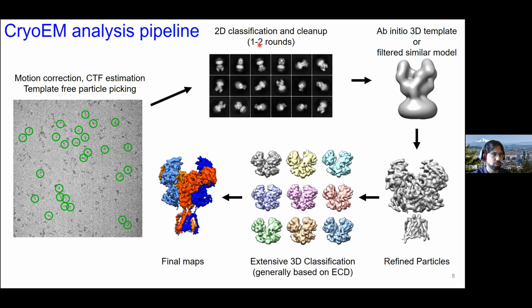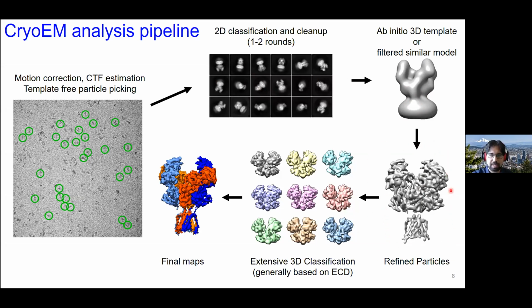I usually did 1 or 2 rounds of 2D classification. And then these particles are fed to an ab initio model generator, or a similar receptor structure is filtered to remove all high resolution details. And that gives us our initial 3D template. And that initial 3D template and the cleaned-up particles together will be used in a refinement to give us a 3D reconstruction and refined model.